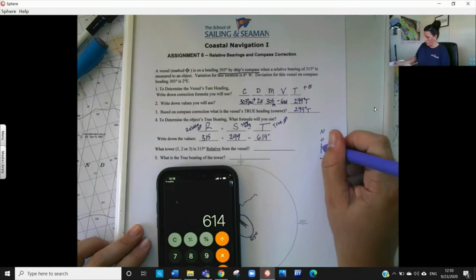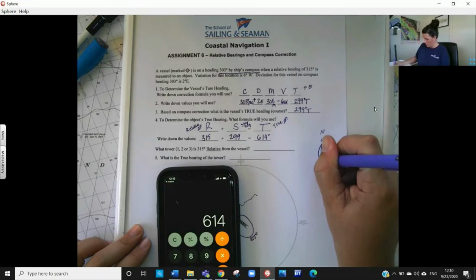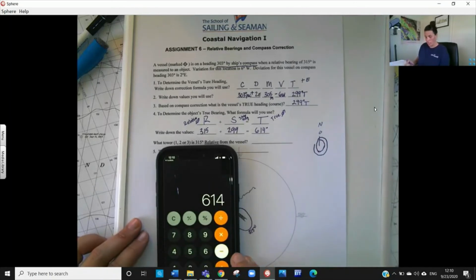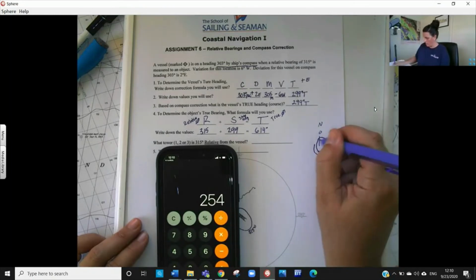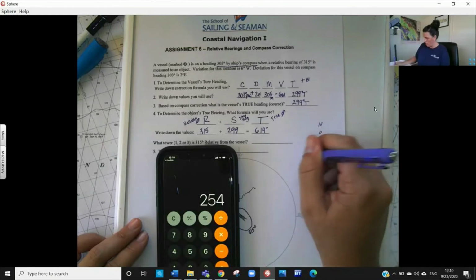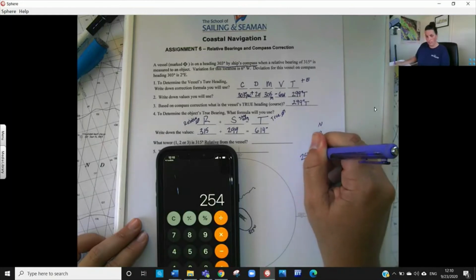So from 0, we went 360, and then almost another full circle, but we'll see how much that is. So I'm going to subtract 360, and I get, from here to here, it's going to be more like this, 254 degrees.